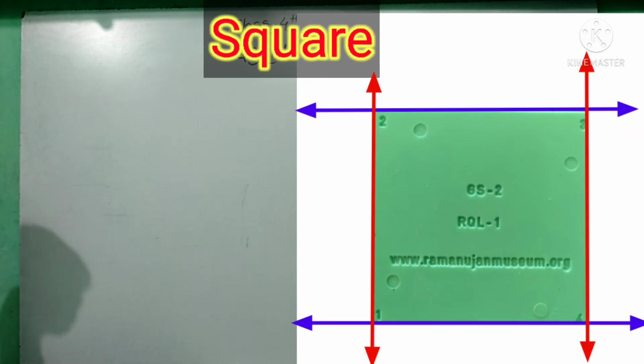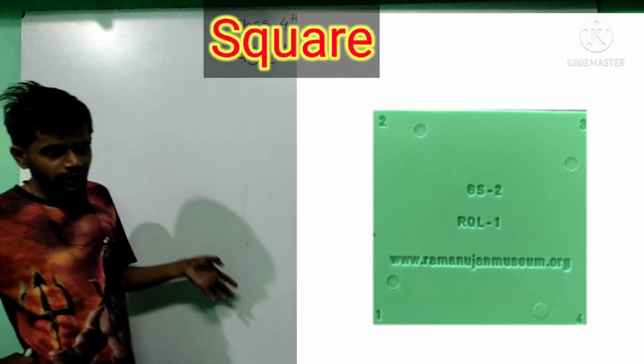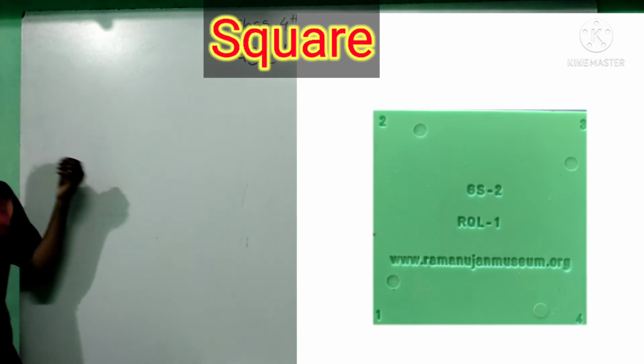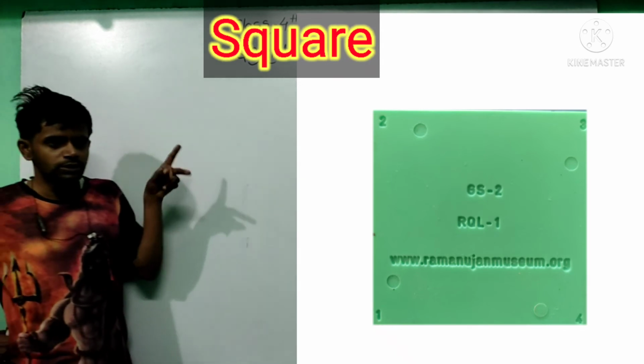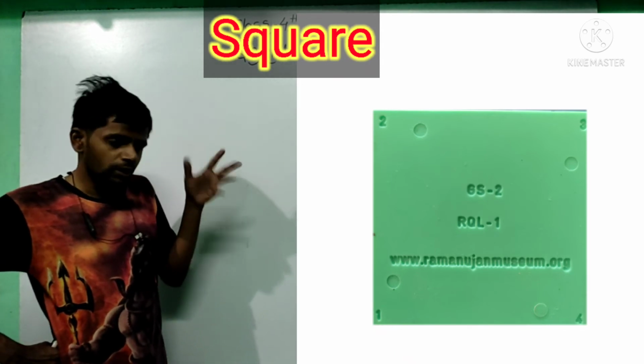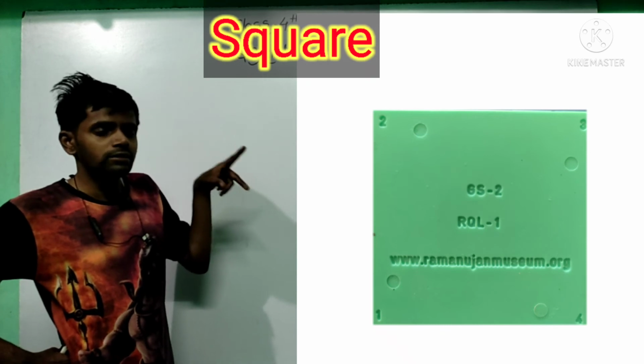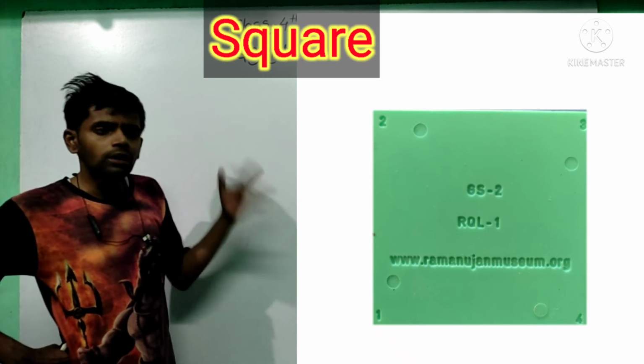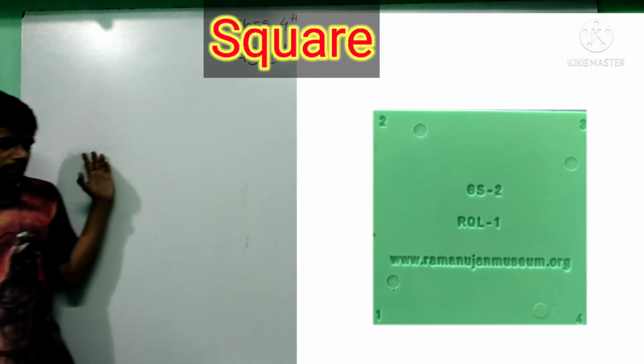Opposite sides are parallel and equal. Opposite sides parallel है, all the sides are equal. Not only opposite sides are equal, all the sides are equal. चारों के चारों side equal है.